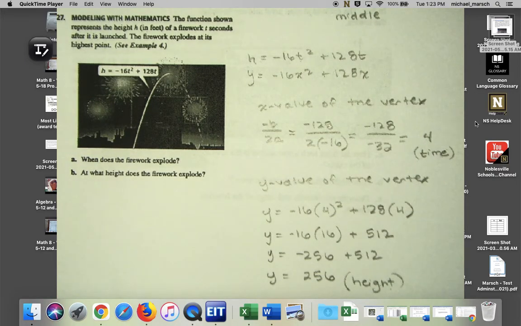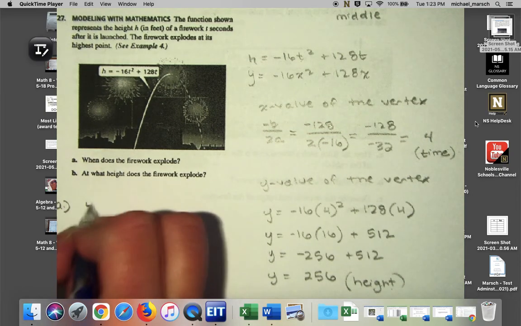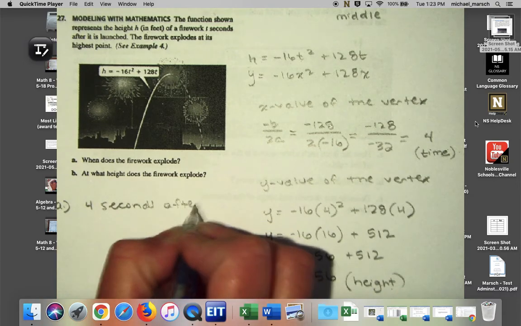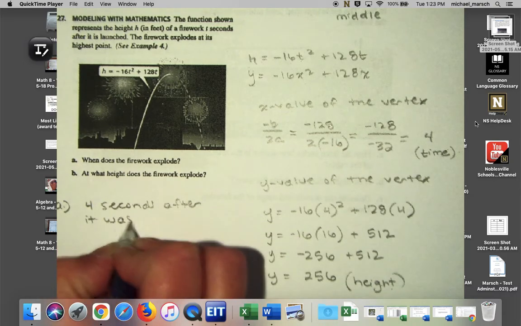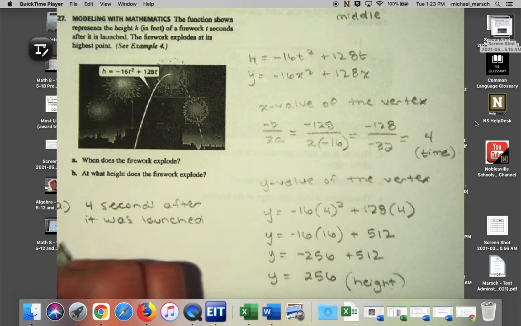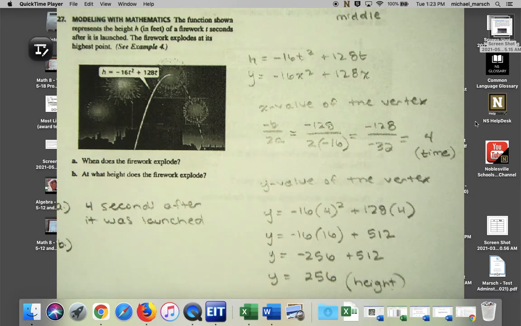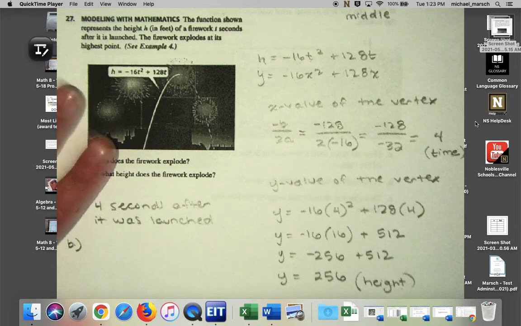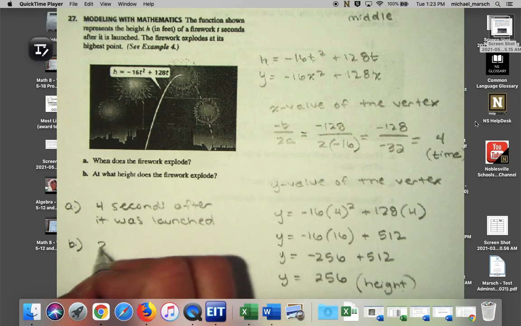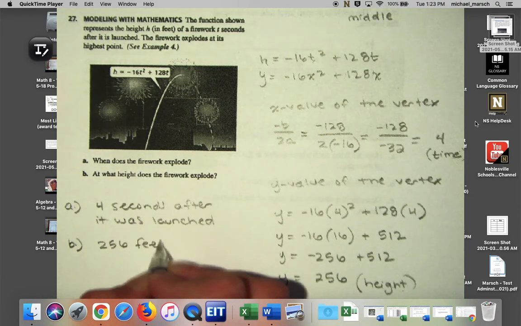Not so bad. When did the firework explode? 4 seconds after. How high was it when it exploded? 256 feet.